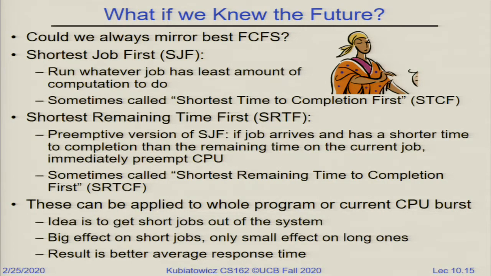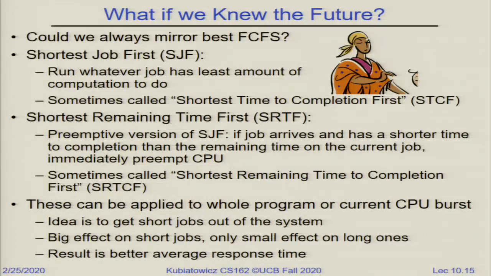Now, can anybody think about what might be an issue with either of these? Let's say SRTF. Yes. Yeah, if you have lots of short jobs, the long ones don't run. Game over, right? Because you keep running the short ones. So what do we call that? Starvation. So this has got a starvation problem.